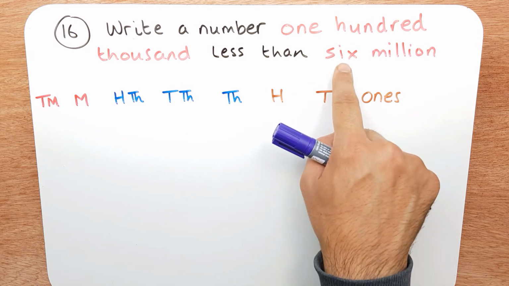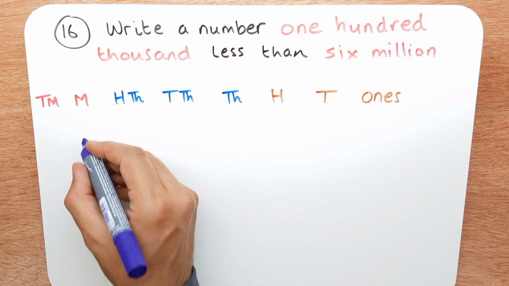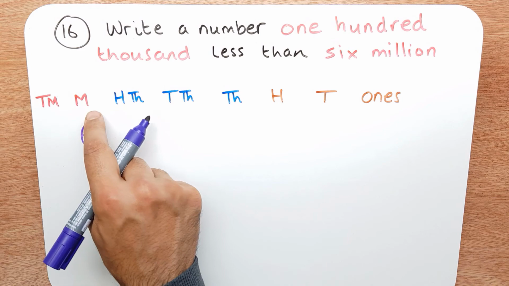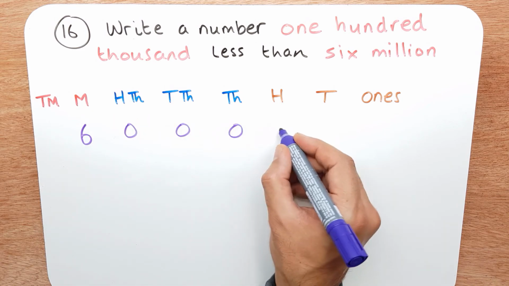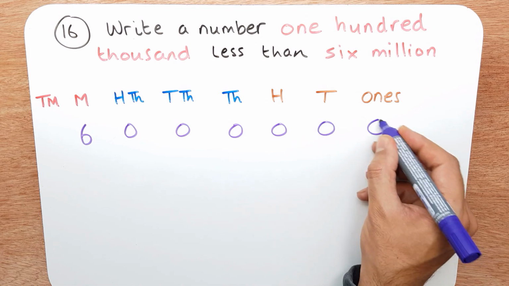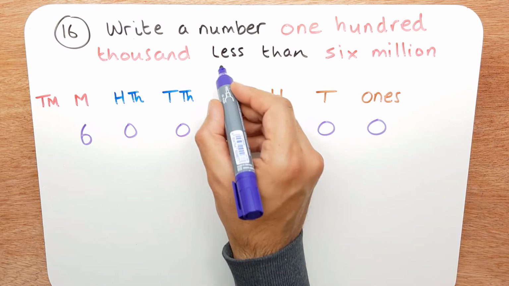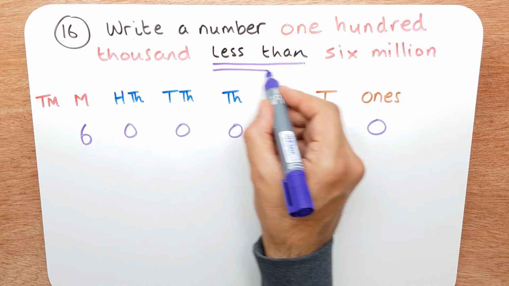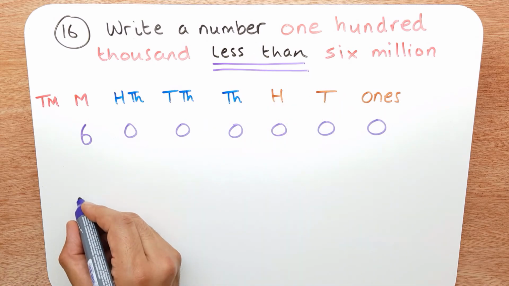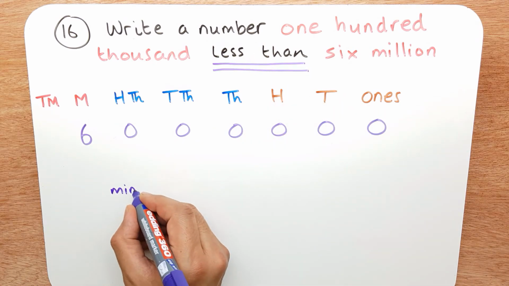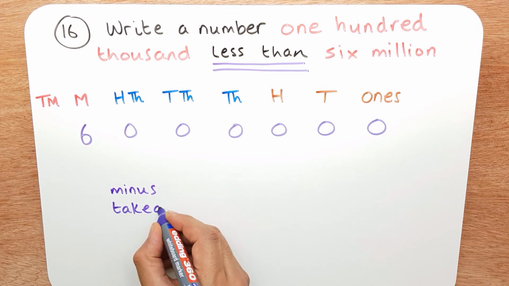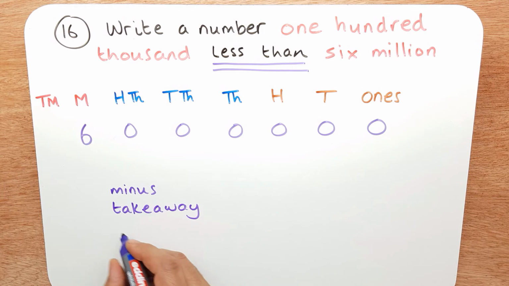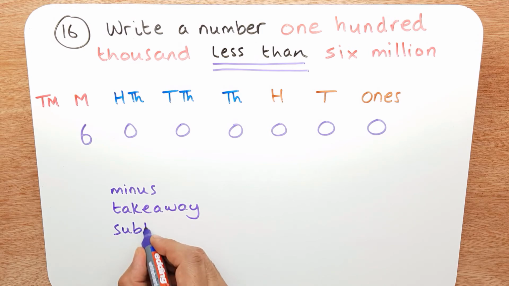So let's write this 6 million down first. 6 in the millions column. And we have 6 zeros to get our million. Less than just means minus, take away, subtract.